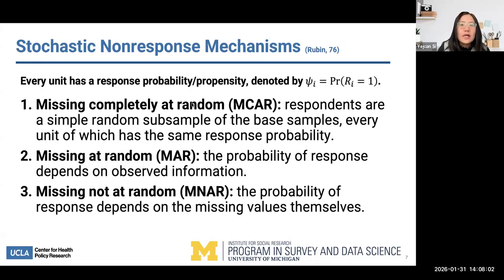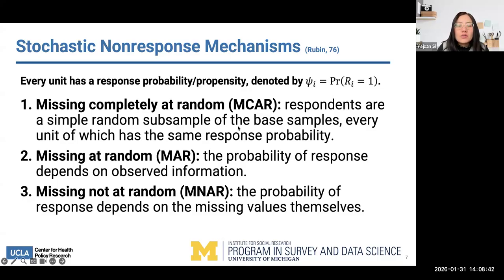Creating response indicators is helpful for us to model non-response mechanisms, which means that we are looking at stochastic non-response mechanisms rather than deterministic. We assume that every unit has a non-zero probability to respond. So we can model the response probability or propensity, which is essentially the probability for the response indicator to take on the value of 1.